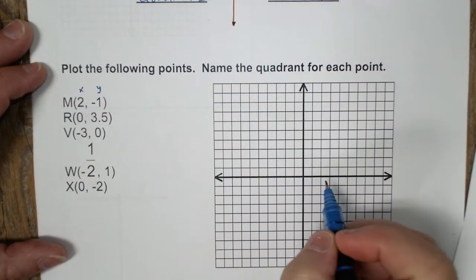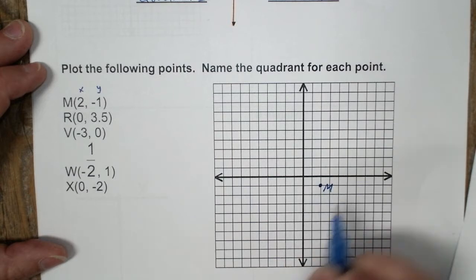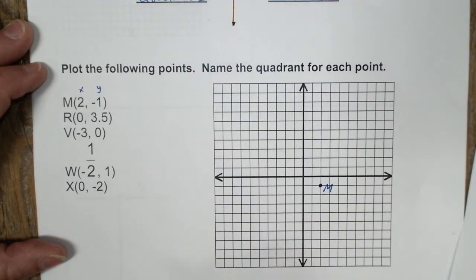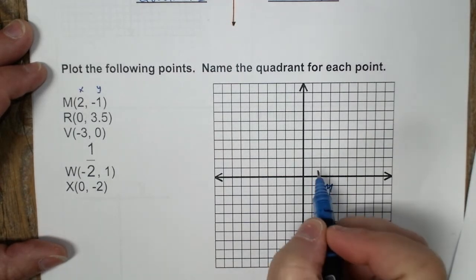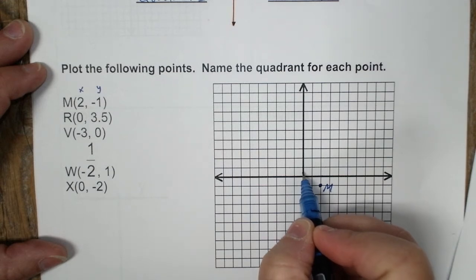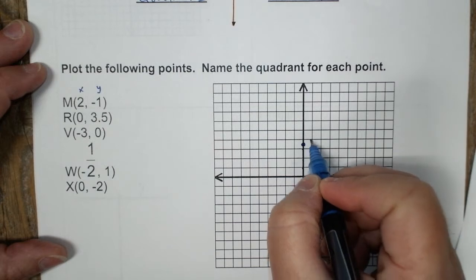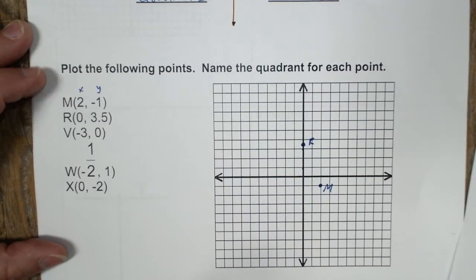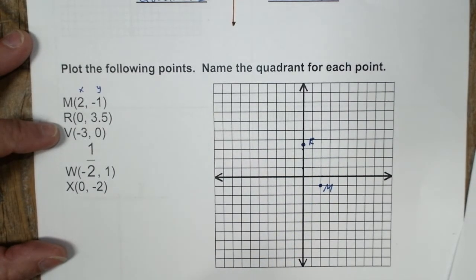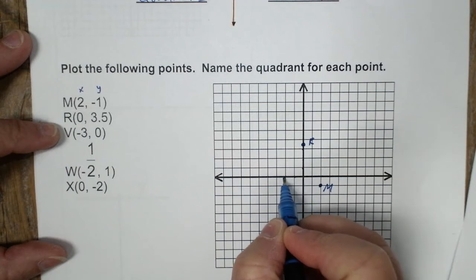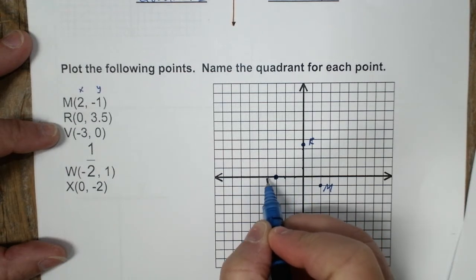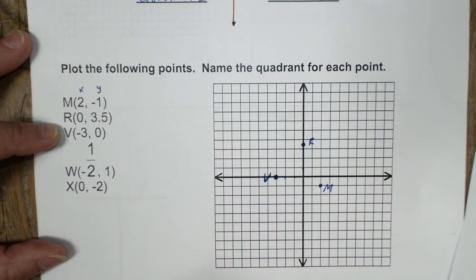Along the x-axis, you would go 2 over, 1 down. That would be M. R is 0 over and 3.5 up. 1, 2, 3.5 up. And label that R. V is -3, 1, 2, 3 over and 0 up with V as your point.